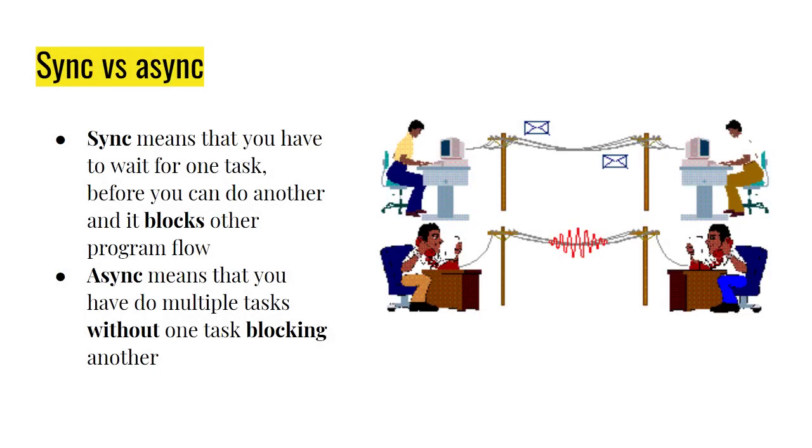So what's the difference between sync and async? Sync context would be a context which happens one after another. You have to wait for a response, and you cannot do anything else while something happens. An example would be sending an email.